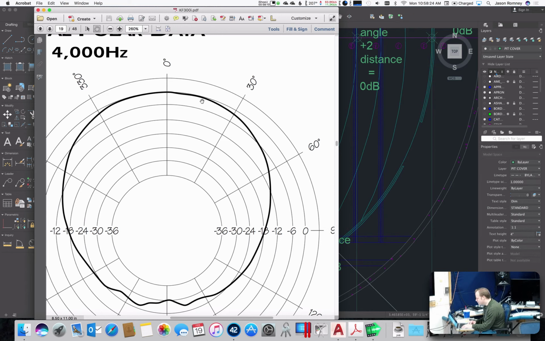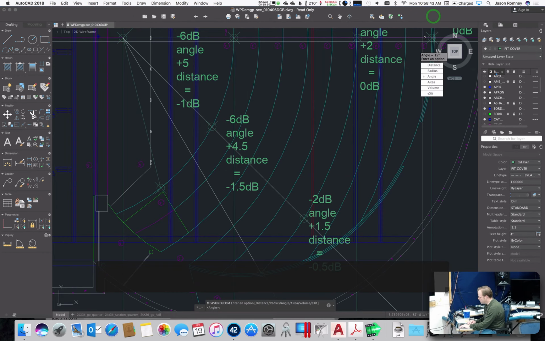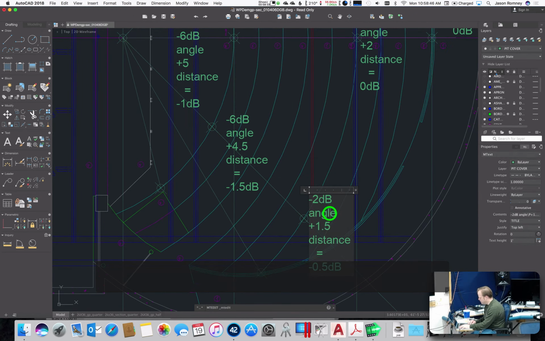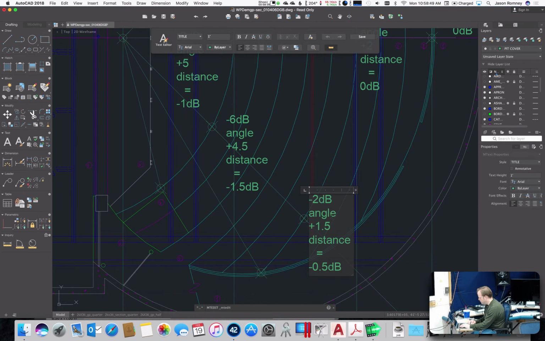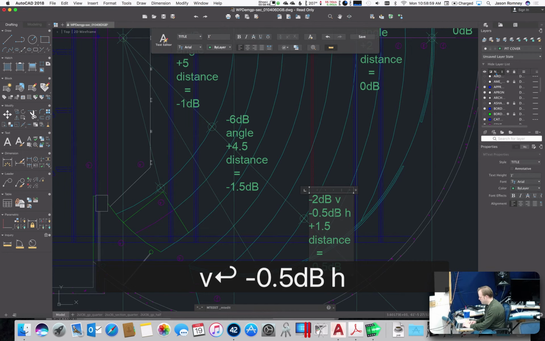At 15 degrees, maybe I'm 1 dB down, maybe half a dB if I want to be super persnickety. We'll split the difference. So we're not that far off to be worried too much. So I'm going to modify this: minus 2 dB vertical, minus 0.5 dB for the horizontal.